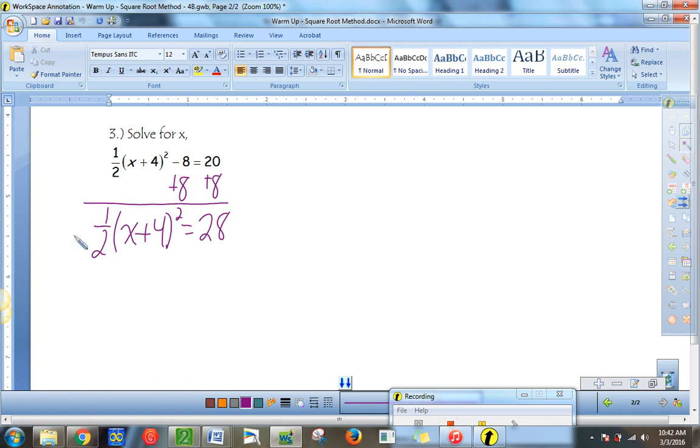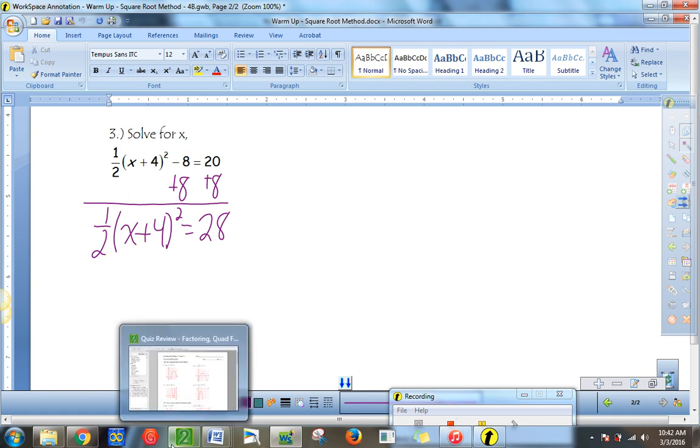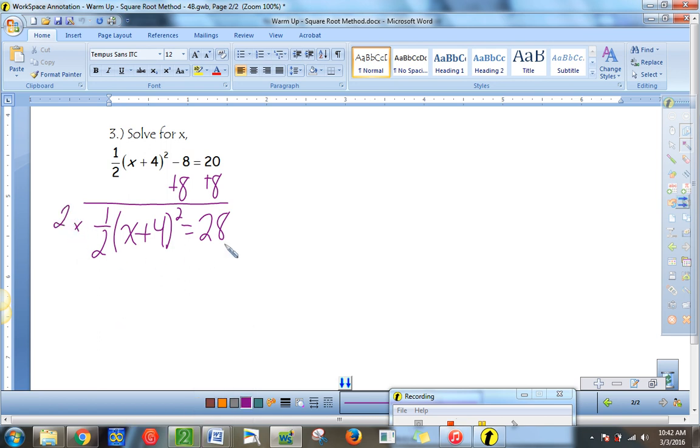How do I move this guy to the other side? If you divide by a half, what's that the same as doing? It's the same as multiplying by 2. Same thing. So 56. And then we got to square root both sides.